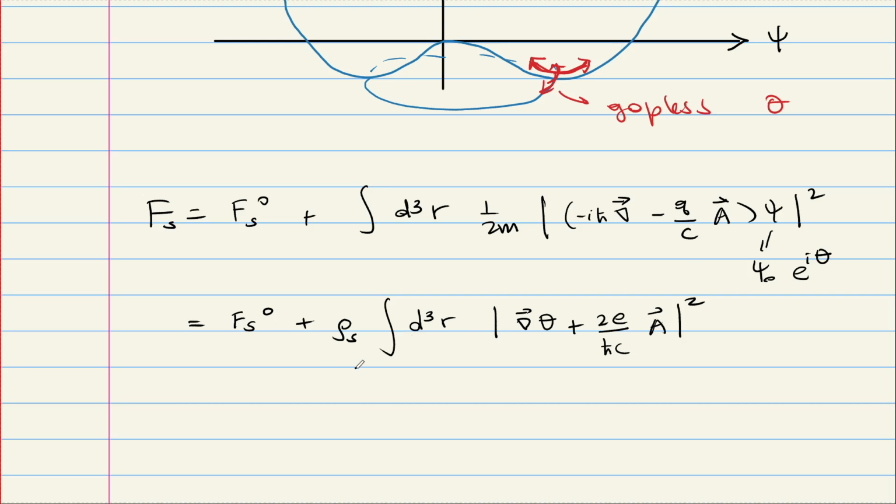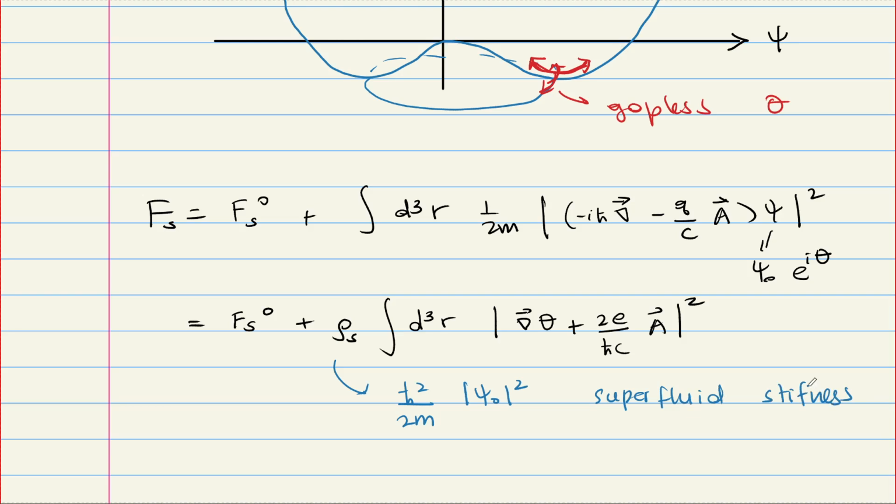And here rho_s is h bar squared over 2m psi naught squared. Sometimes this is also called superfluid stiffness.